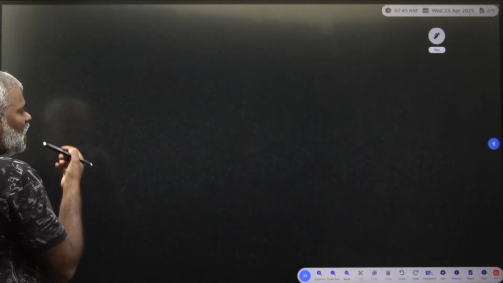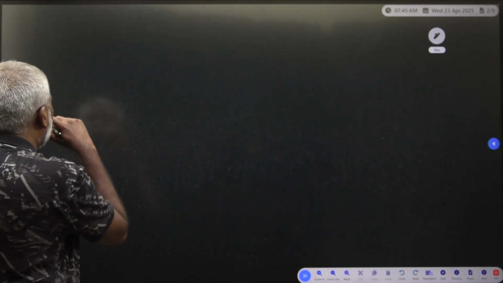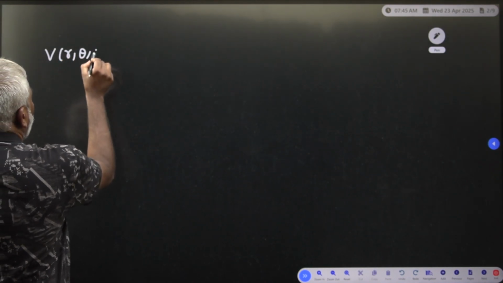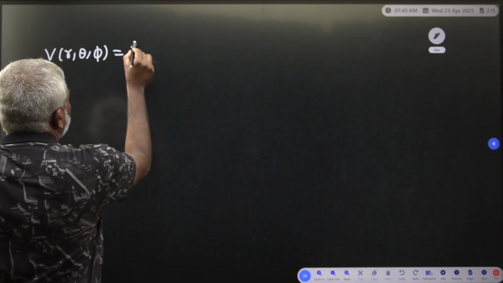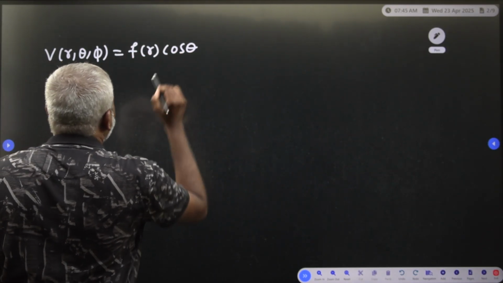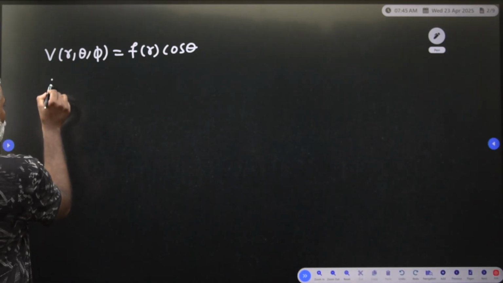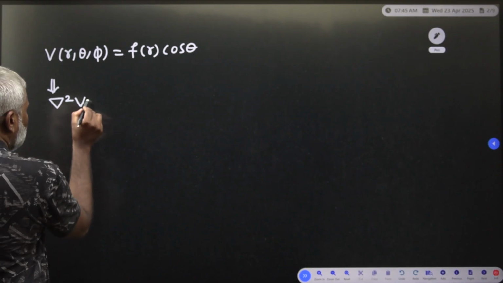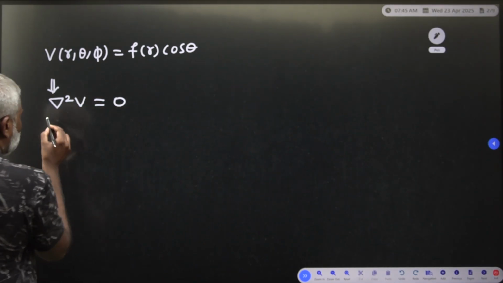First you have to know which expression to use. Your V of r, theta, phi is equal to f of r into cos theta. You know the Laplace equation. What is your Laplace equation? Del square V is equal to 0.